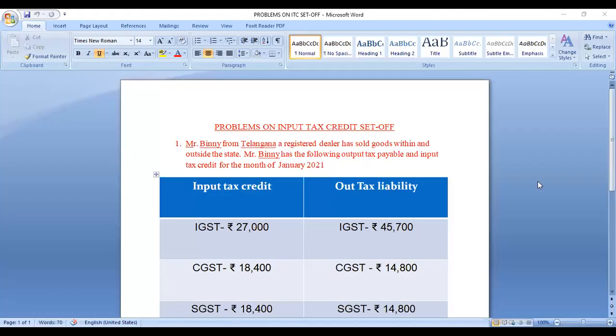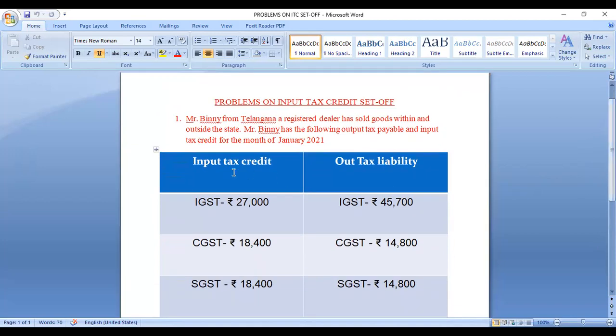This is a problem. We should find out the net tax liability. How to calculate net tax liability from this problem? Mr. Binny from Telangana, a registered dealer, has sold goods within and outside the state. Mr. Binny has the following output tax payable and input tax credit for the month of Jan 2021. These are the input tax credits we have: IGST, CGST, SGST. Just given the output tax liability of IGST, CGST, SGST.